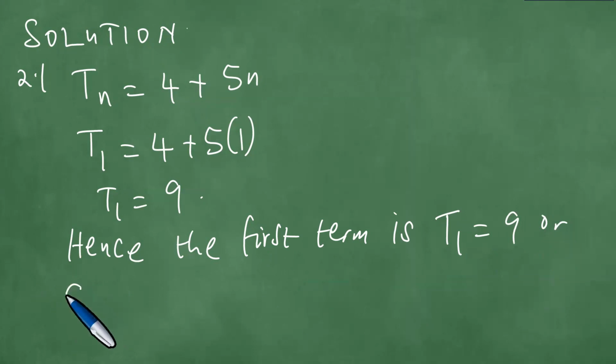Or you can say we use a for the first term in this section. So you can say a is 9.